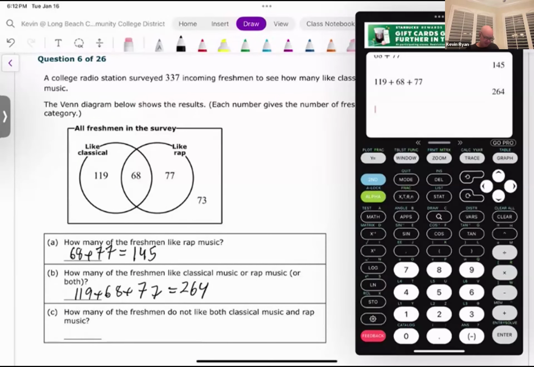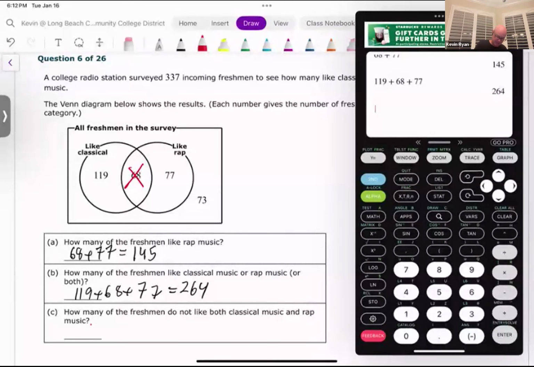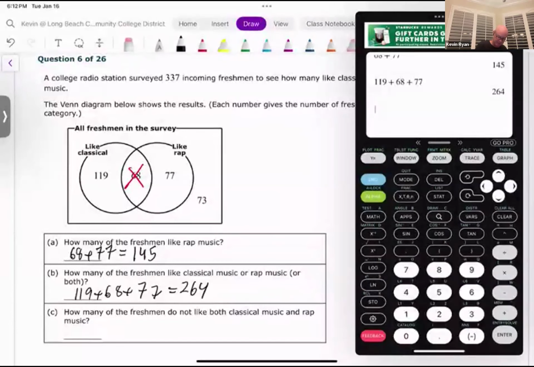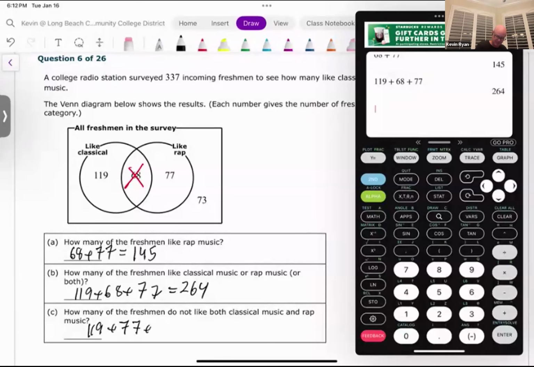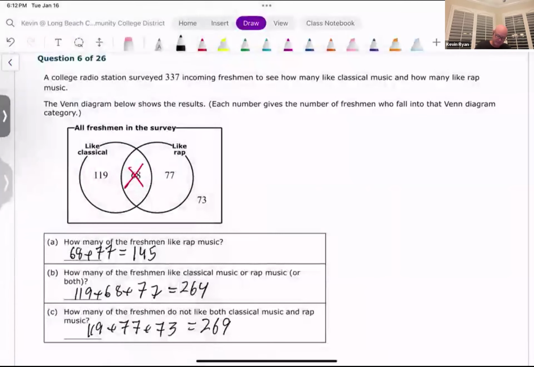And lastly, how many of the freshmen do not like both classical music and rap music? So that's going to be everything but right there. So that's going to be the 119. 119 plus 77 plus 73. And these are my answers.